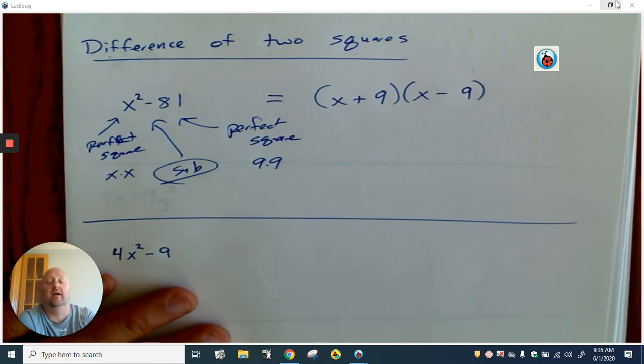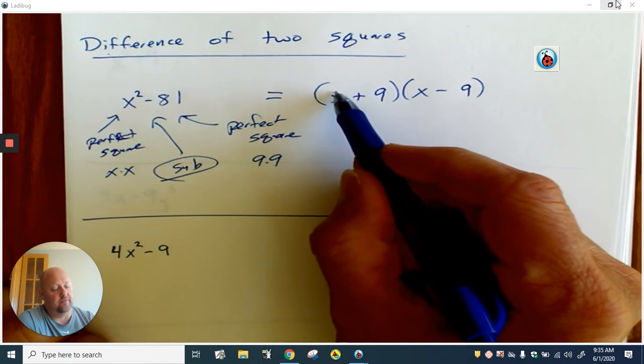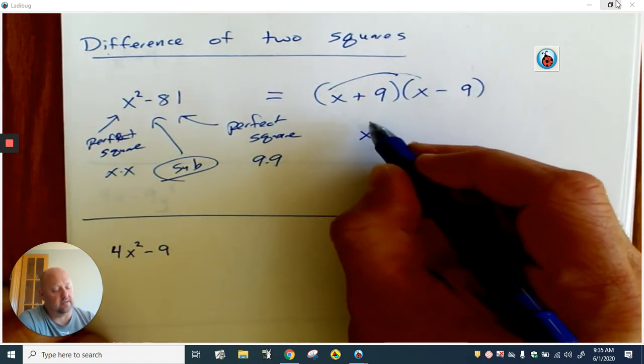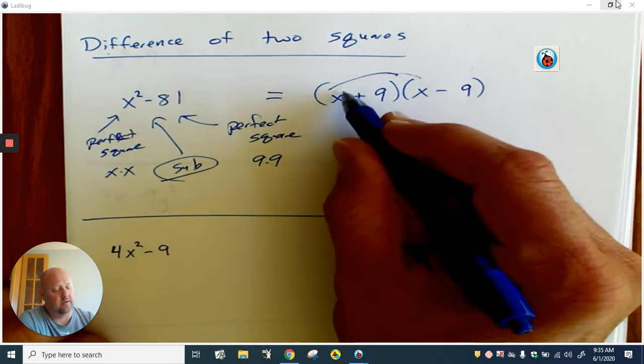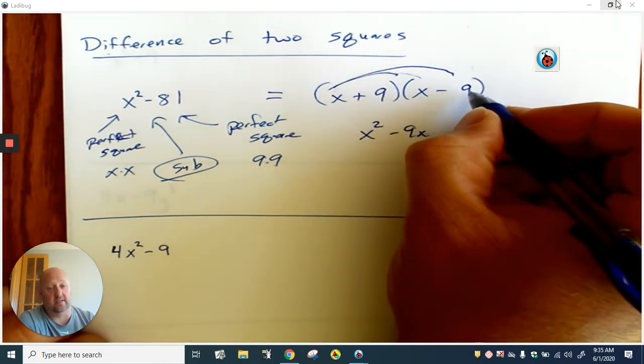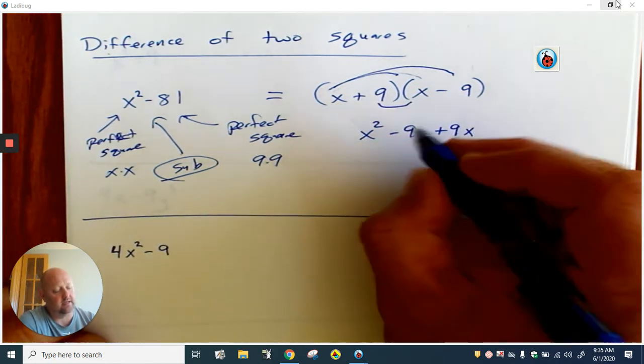You are done factoring. The reason this works is if you FOIL this back out, you'll get x squared, x times x is x squared. You'll get a negative 9x when you do the outsides in this case. And then when I do the insides, I get a positive 9x.